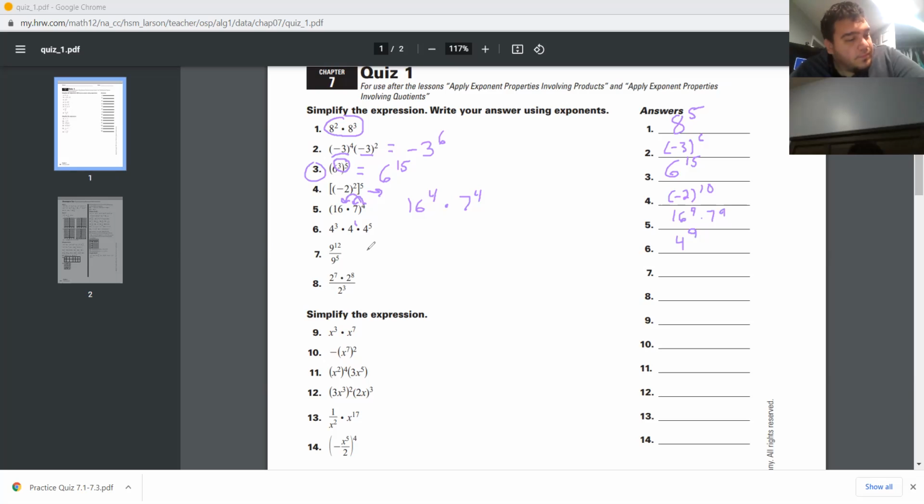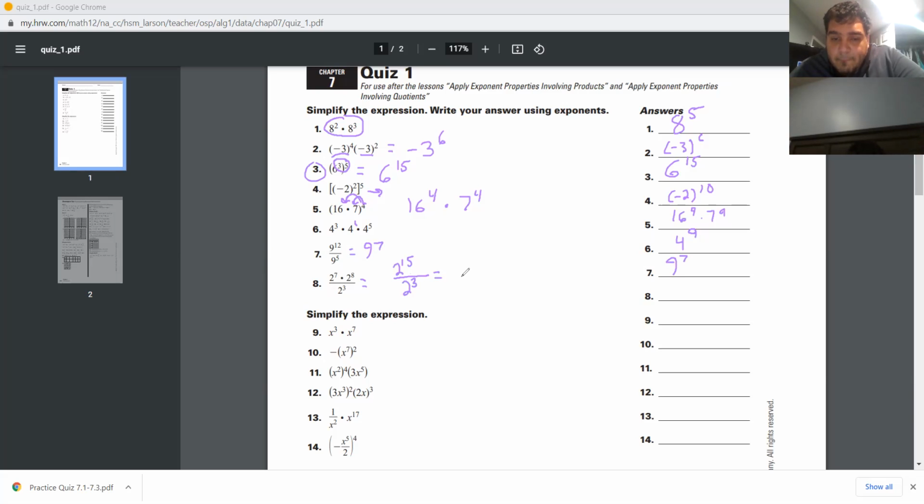Number 7? Is it 9 to the 7th? Nice. You subtract them. Perfect. And then tell me what you're going to do for this one. Then you have 2 to the 15th on top, over 2 to the 3rd.